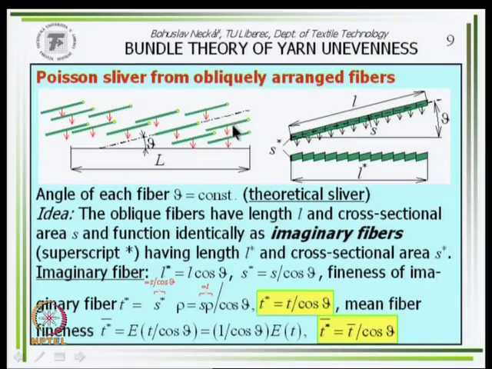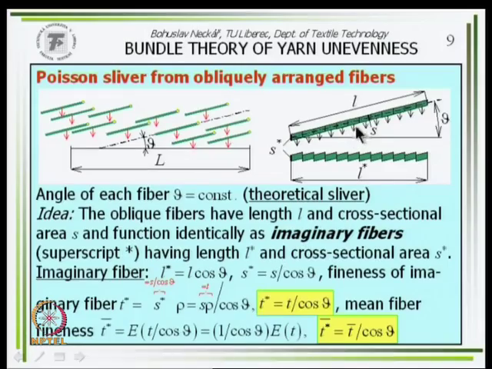Each fiber is an oblique fiber having the same angle theta to the longitudinal direction of the sliver. The scheme, I think, can show you what our theoretical imagination is. One fiber seems like this here.